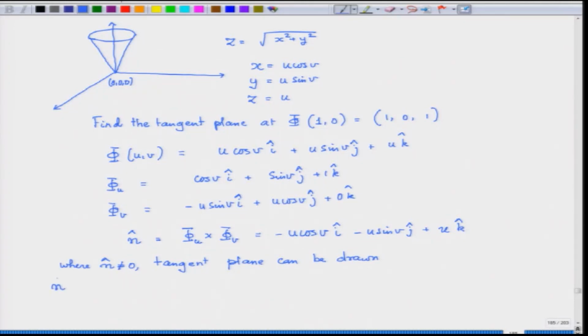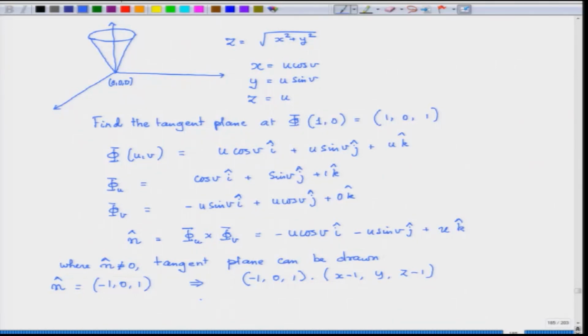So, n hat at 1 0 is what? What is that vector? N hat at 1 0 is, if you put u as 1 and v as 0, it is minus 1, this will be 0 and this will be 1. So, n hat becomes minus 1 0 1, and then if I want to find the plane at the point 1 0 1, I will have a dot product of minus 1 0 1 with x minus 1, y, z minus 1.